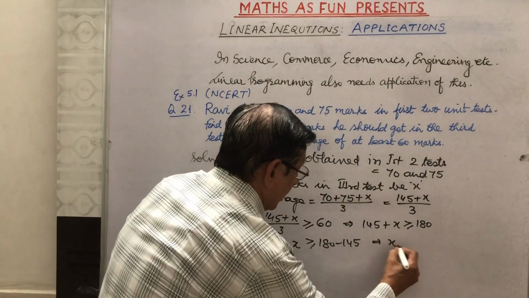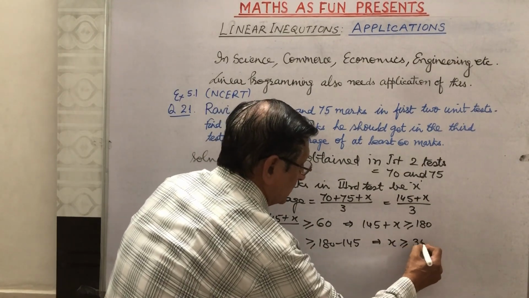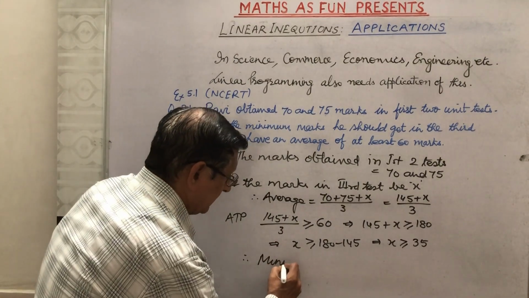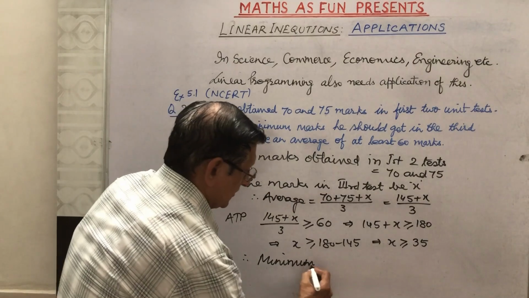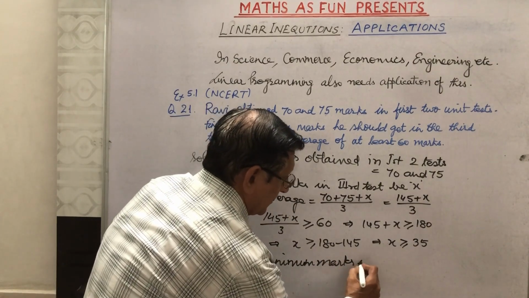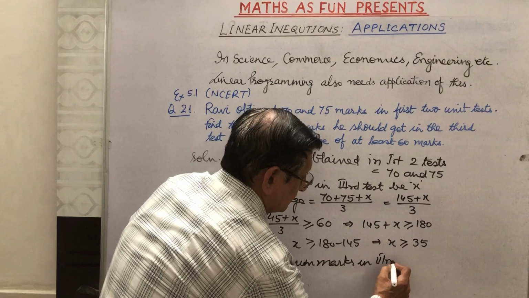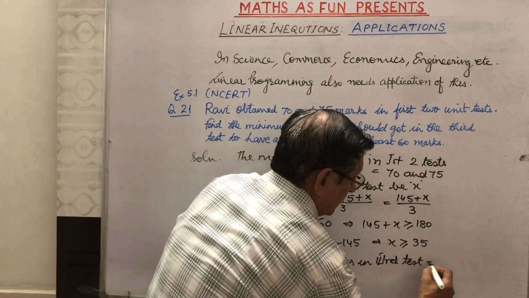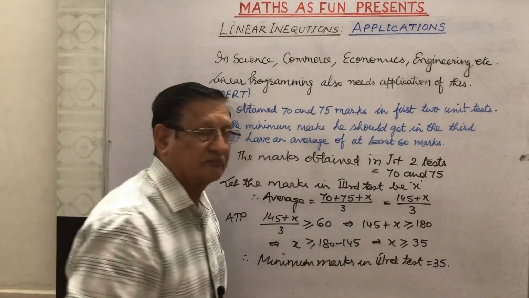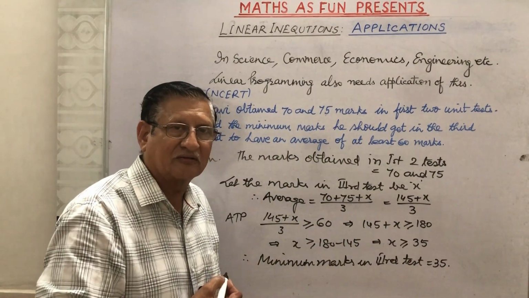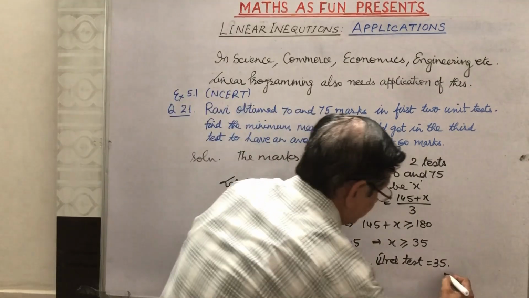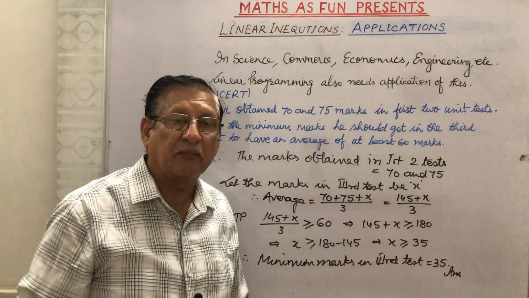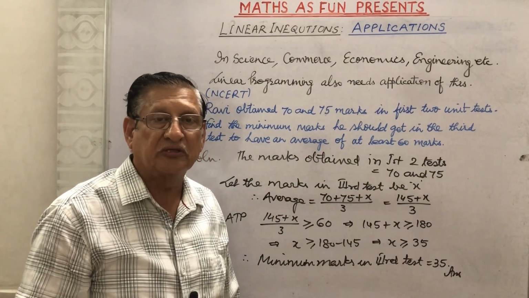That gives us x ≥ 35. Therefore, the minimum marks in the third test is 35. That is the requirement. This is the way we can find the answer to such problems by applying inequations.